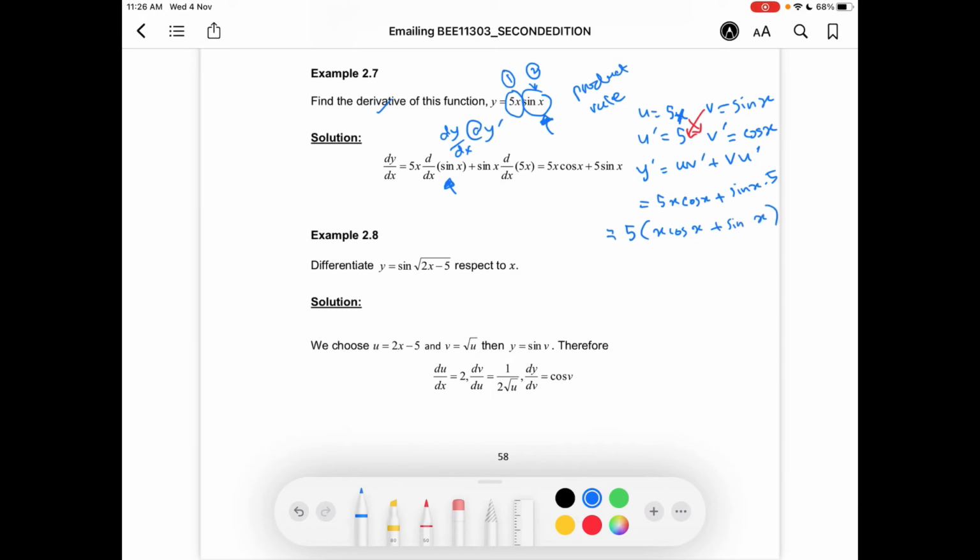I just noticed that some of you are not very good in trigonometry functions. For example, here we have sine x times 5. You cannot simply put it as sine 5x. This is wrong, because here the 5 is a constant. It should be in front of the trigonometry function, so 5 sine x is the correct one. You cannot simply multiply it in.